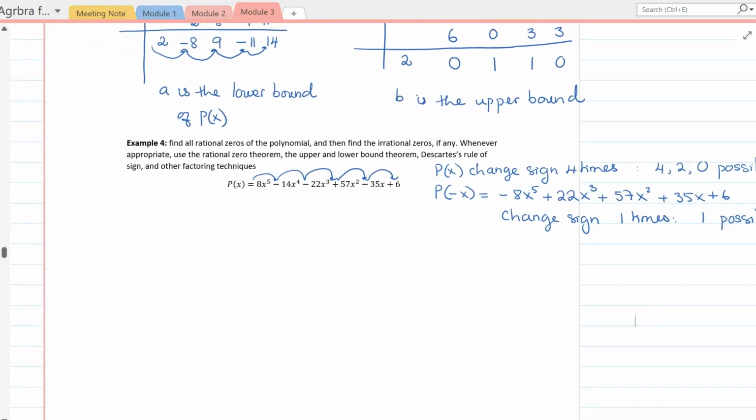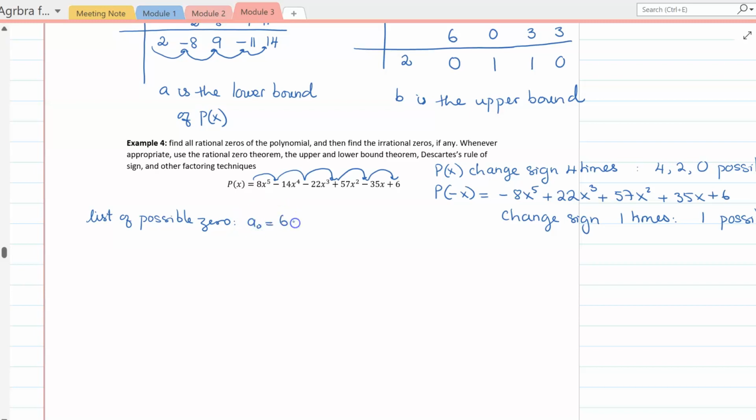Now let's take a look at the list of the possible zeros. Start with the factors of a naught.